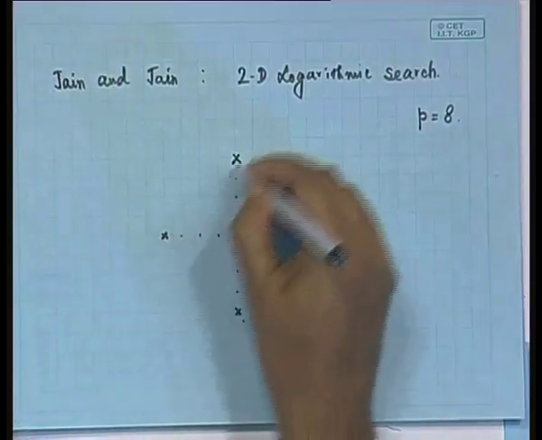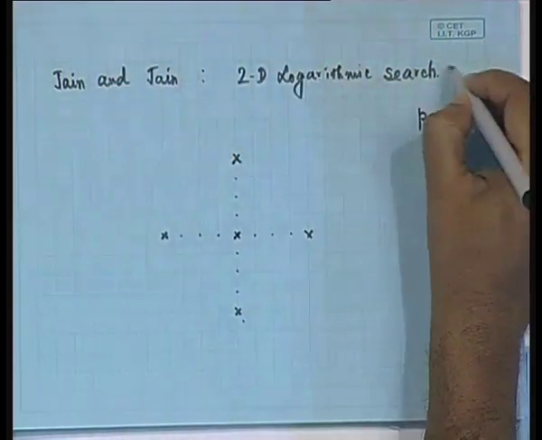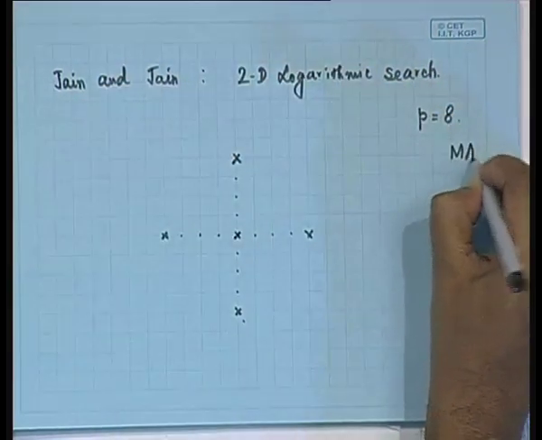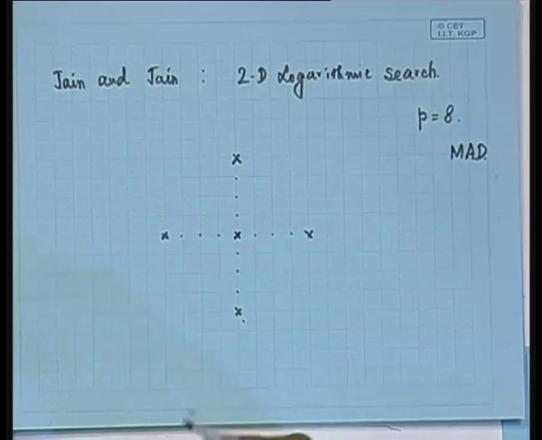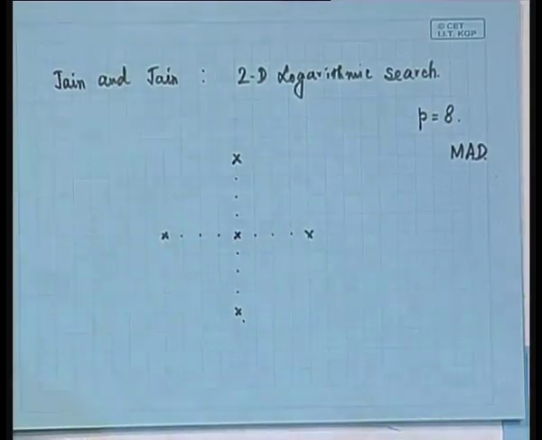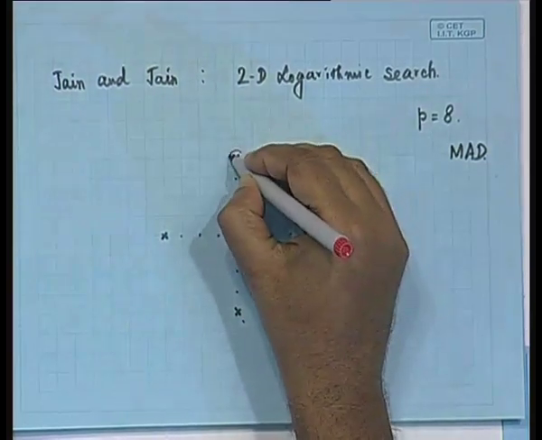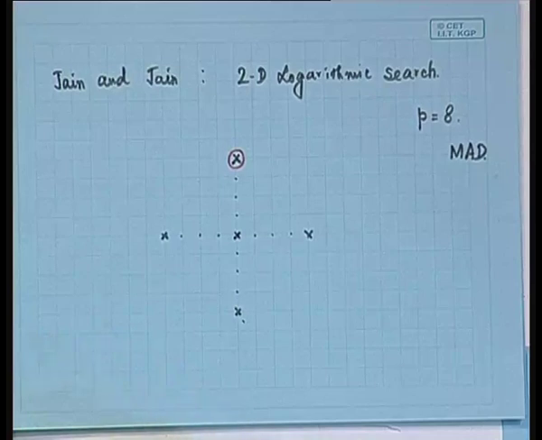Let us assume that we have MAD as the matching measure. Out of these 5 positions you find out which one gives the minimum. Supposing the minimum is obtained at this position, I encircle this. This is the first minimum position that has been obtained.